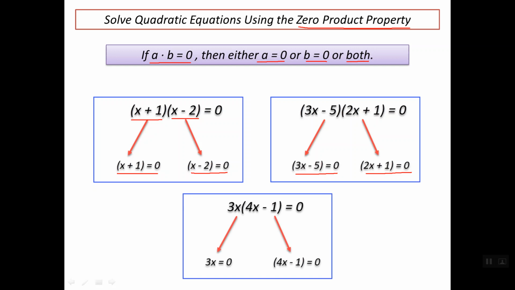A third example for a quadratic equation is 3x multiplied by 4x minus 1. The first factor is 3x, so either 3x equal to 0, or the second factor, which is 4x minus 1, is equal to 0, or both of them are equal to 0.